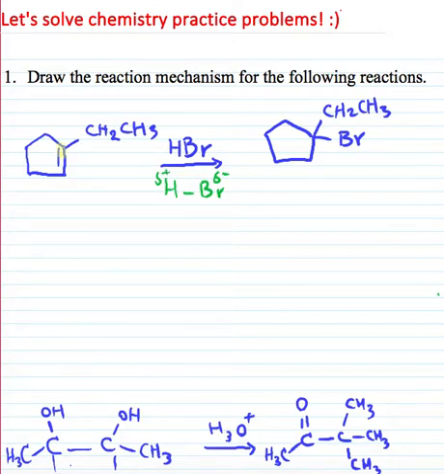And I have a double bond right here. It's very electron rich, so this could be my nucleophile, and this hydrogen is going to be my electrophile. So always start there, and then this ethyl group, there's nothing really special about it, so it's not really a nucleophilic center or an electrophilic center.